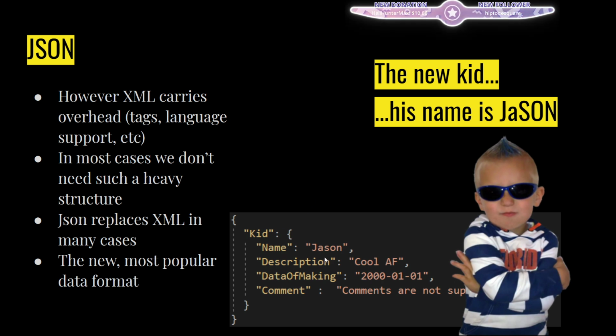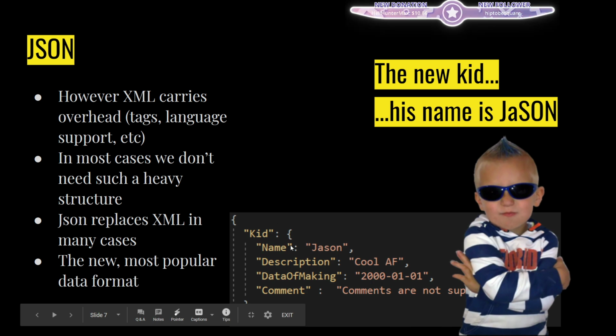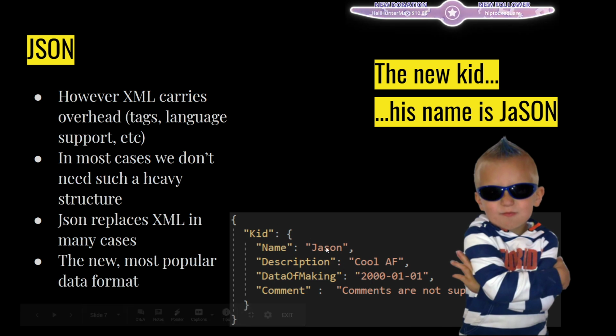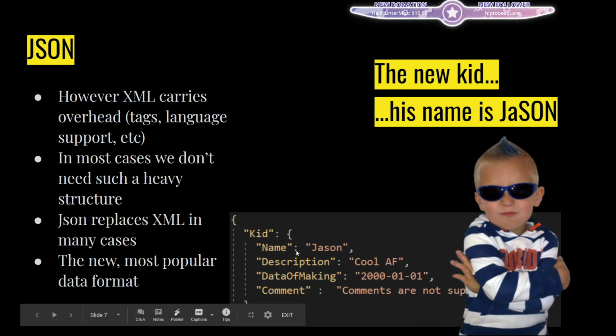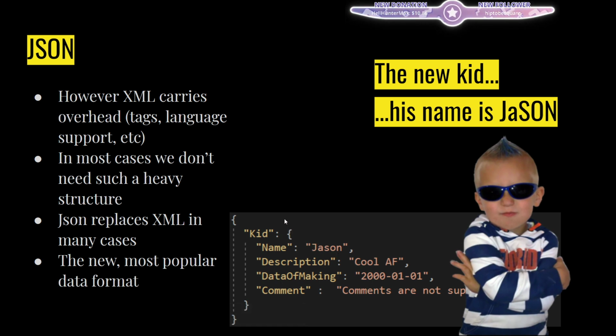This is the syntax, as you can see. Basically, you have those curly braces instead of tags, and everything is string based. For numbers, you have numbers without a string. For true and false, you also have them without a string, but the rest is string based.